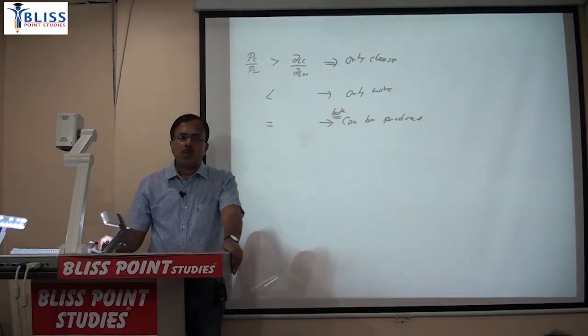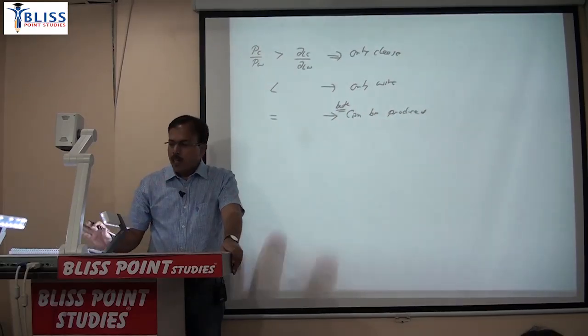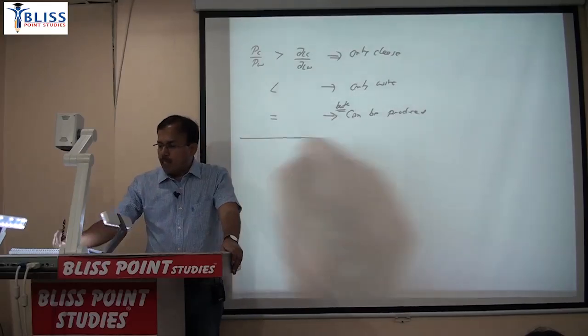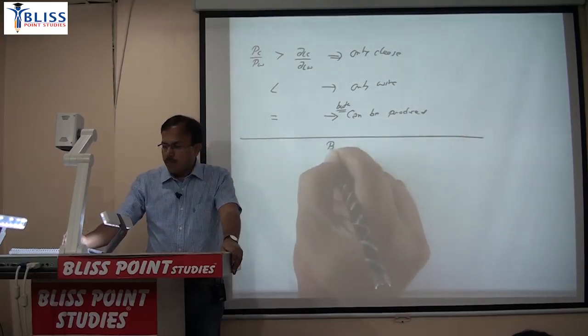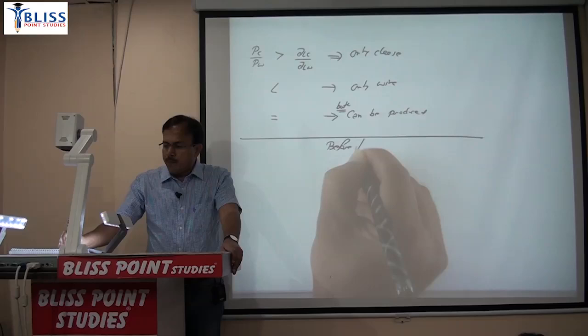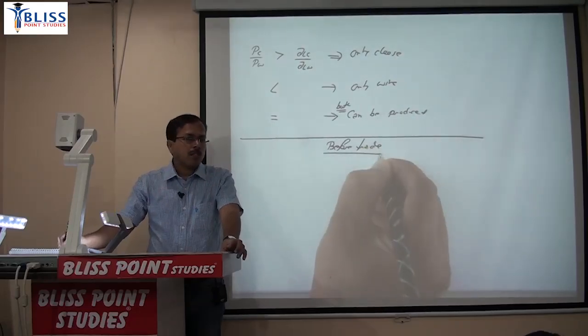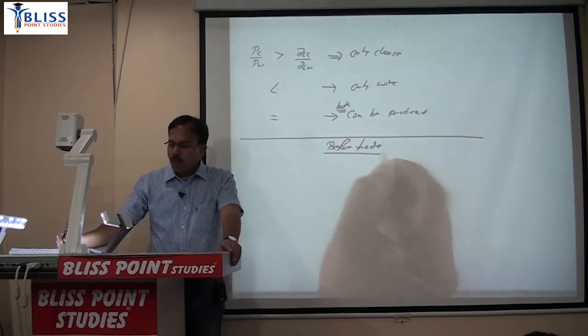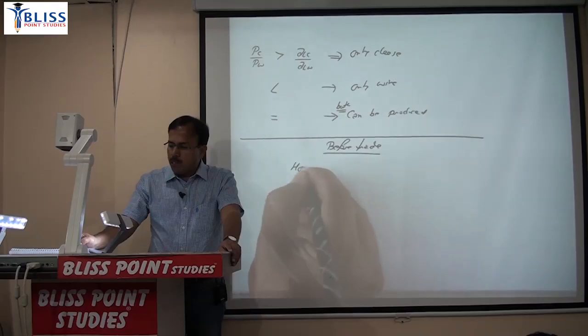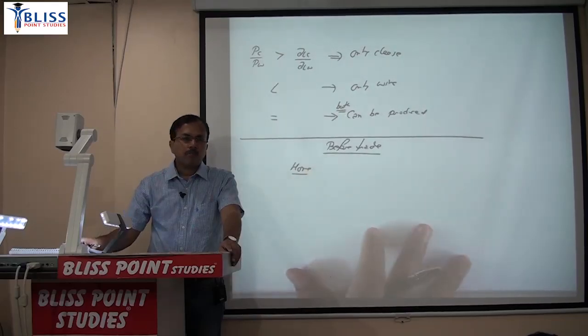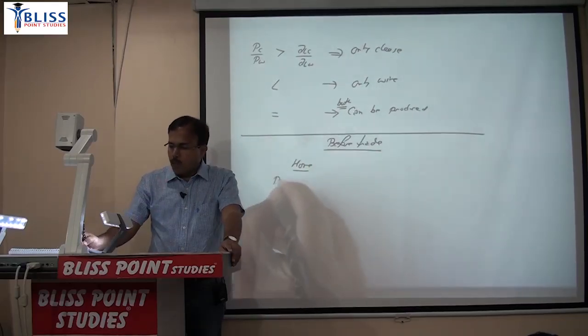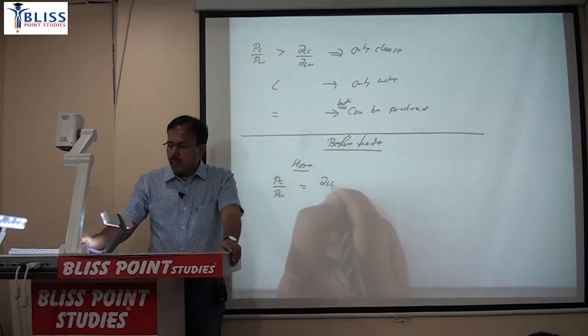Both goods can be produced only in that third possibility. Now you tell me, in the absence of trade, means before trade, what are the prices? In the absence of trade, the third condition has to hold, you have to produce both the goods. So before trade, what will be the price in the home country? PC by PW equal to what?